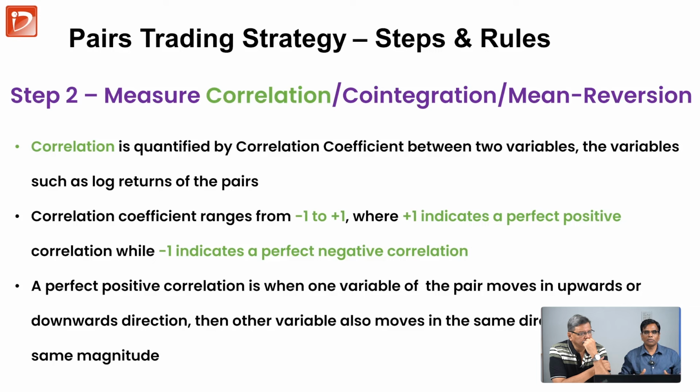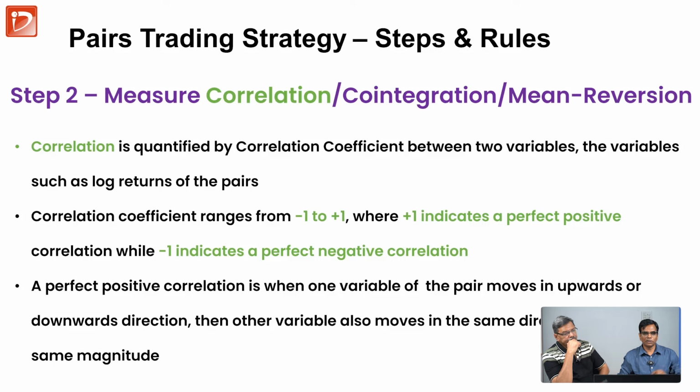High correlation means they are behaving in the same manner. Low correlation means they are not behaving in the same manner. And negative correlation means they are behaving in opposite directions. So the correlation coefficient ranges from -1 to +1, where +1 indicates a perfect positive correlation, while -1 indicates a perfect negative correlation. So we want perfect positive correlation.